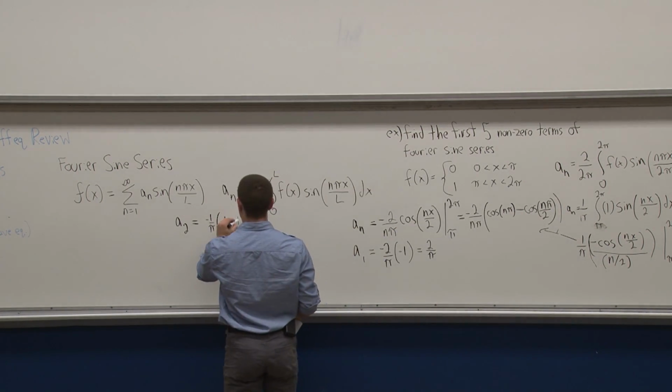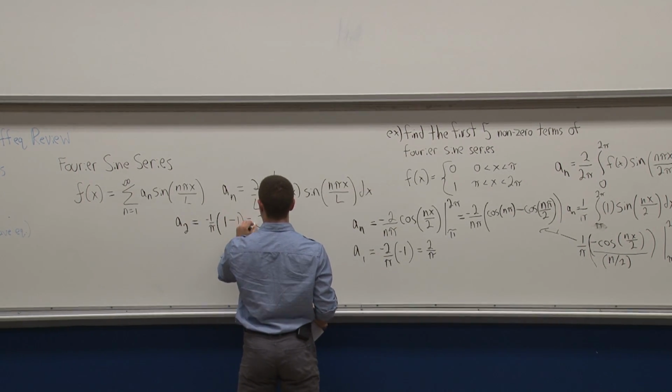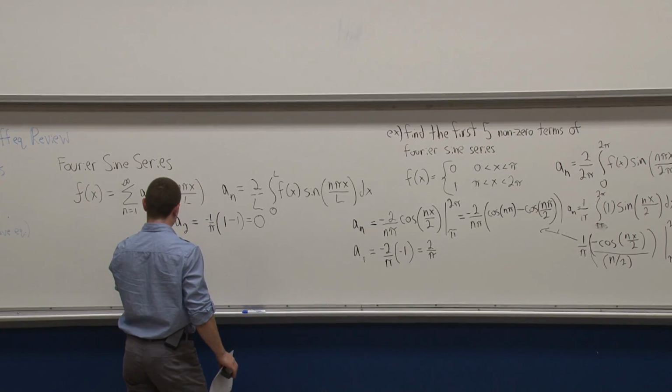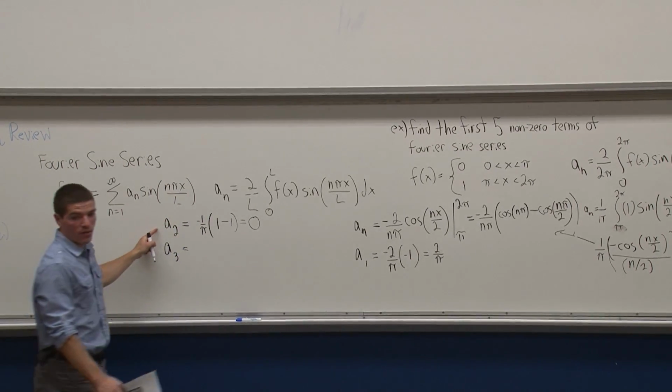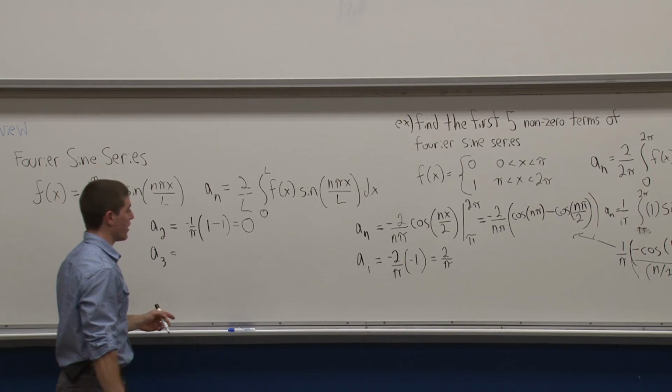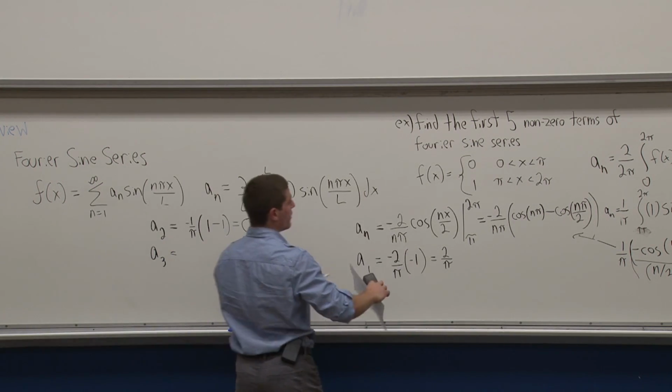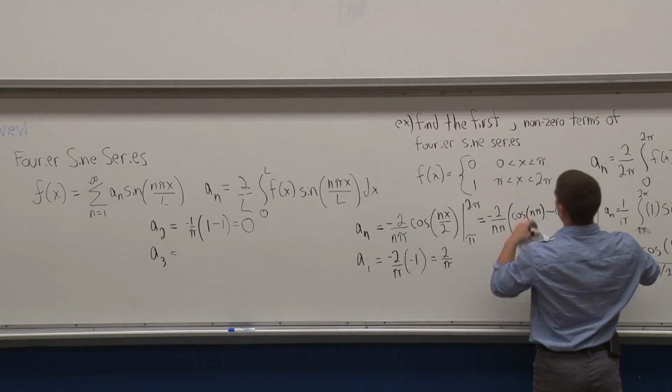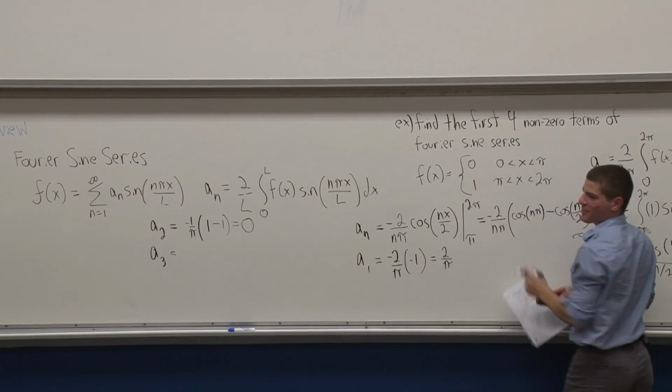So it'll be 1 minus 1. That equals 0. So A2 is 0. We're going to skip that one because we need non-zero terms. I'm going to do 4 non-zero terms, just to save time.